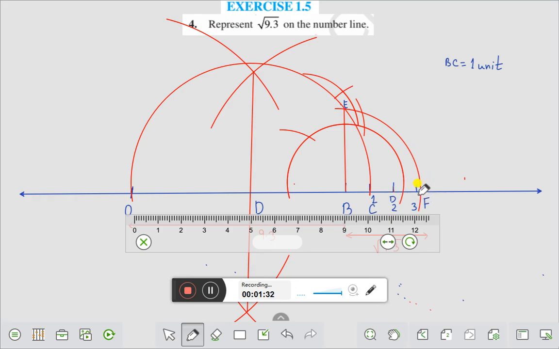But this is not F. This point is F, this point is not F, right? This is third, 1 unit and 2 unit, right?